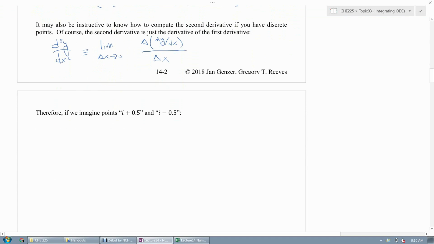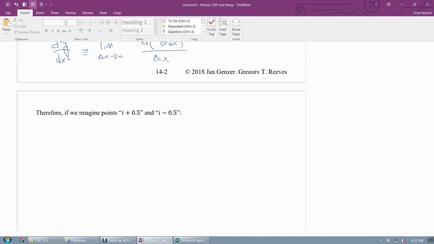The way I like to think of it is, let me imagine that we have discrete points, right? I plus 1, I minus 1, etc. Let's imagine that we have points I plus a half and I minus a half. Now these points don't really exist, and that's why I'm putting them in quotes.